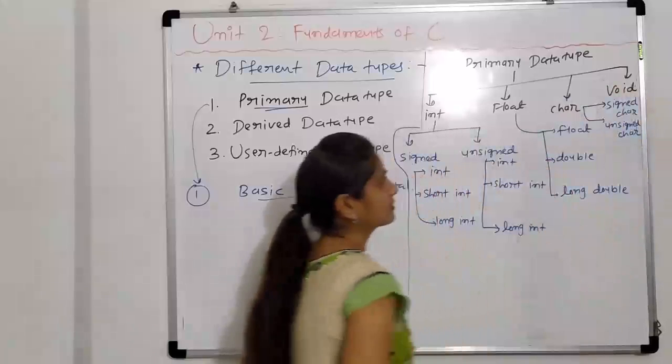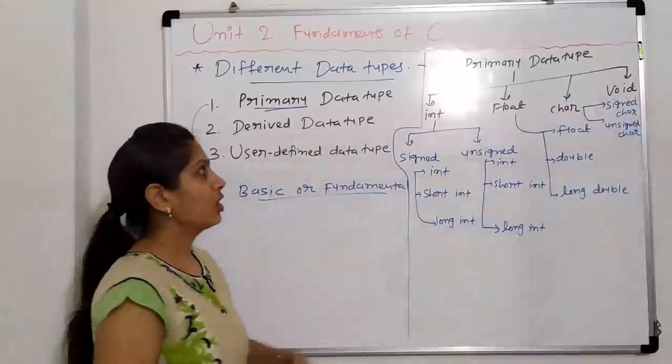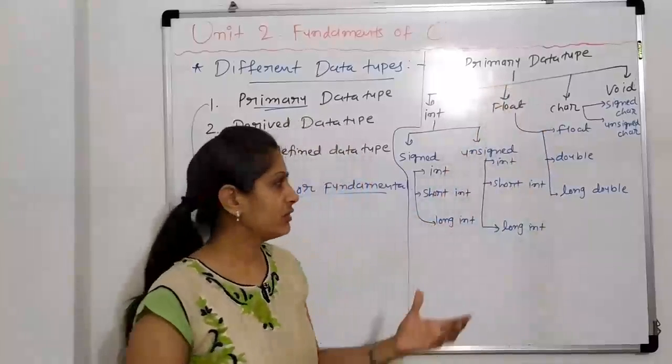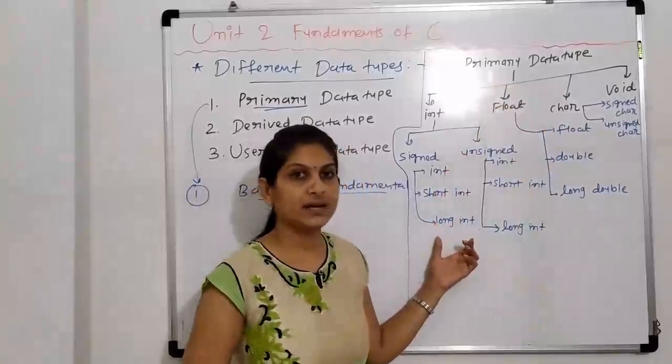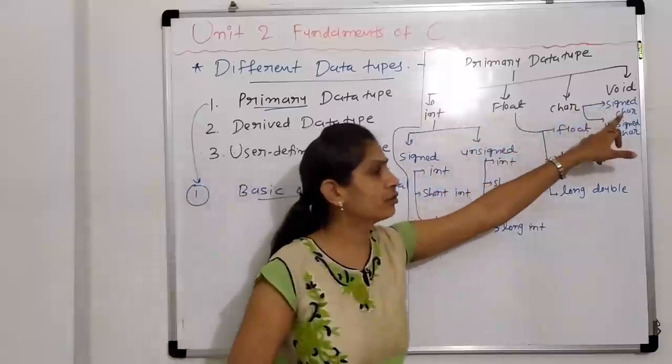And last is void. Clear? These all are the primary data types. In the next lecture we are discussing primary data types in detail. Let us understand only these basic four types.